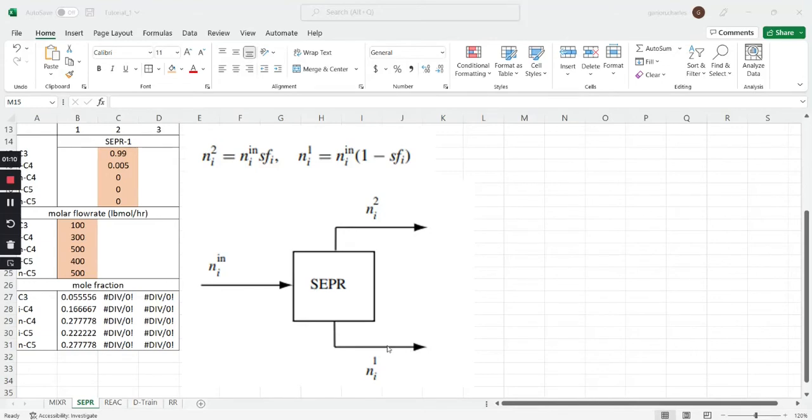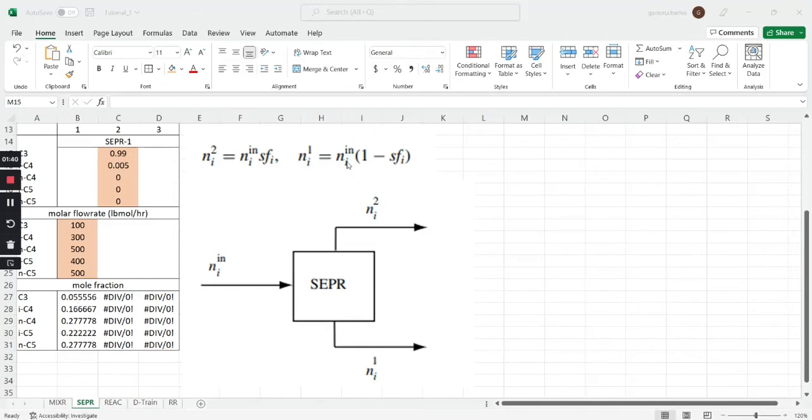Okay, so to demonstrate how to do this, we will look at a distillation process in which we are interested in removing propane from a crude oil mixture, and we would like to have 99% and 0.5% of the propane and isobutane respectively in the top stream, and 0% of the heavy components in the top stream.